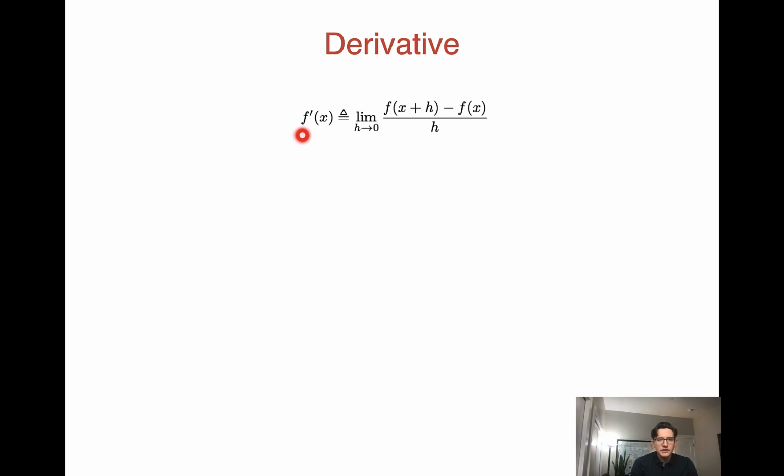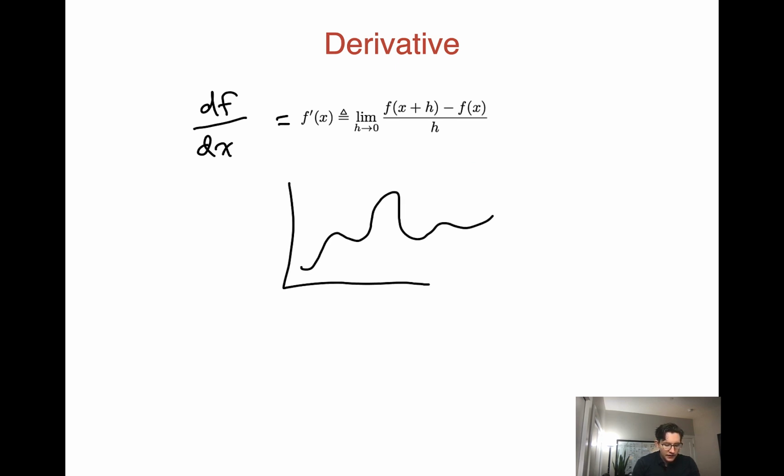So f is a function that takes in a scalar x and outputs a real value. f prime of x is its derivative. We also write it like this, df over dx. Here's the formal definition. Informally, it's the slope of a function.